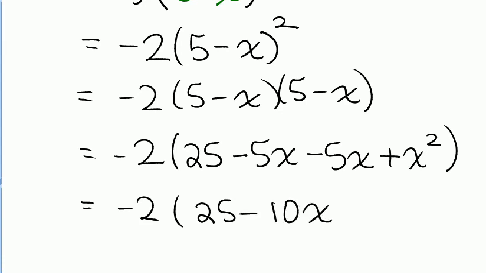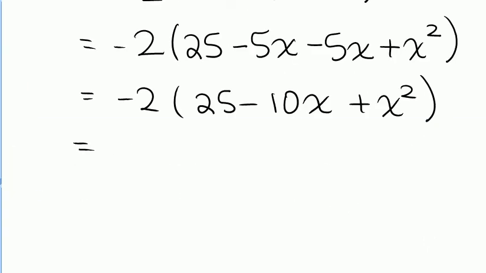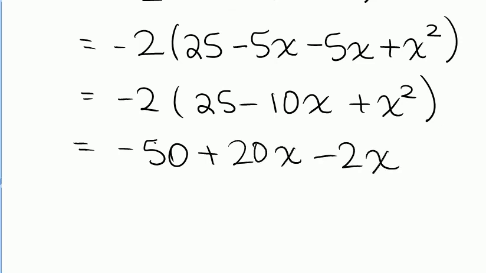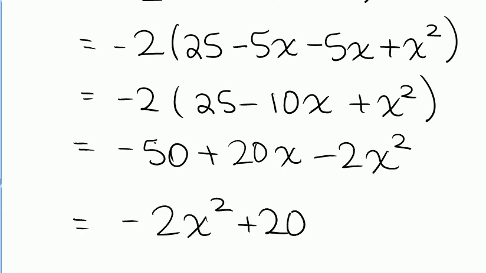Then you should distribute. And we always write the answer with the terms in descending order. So the answer is negative 2x squared plus 20x minus 50.